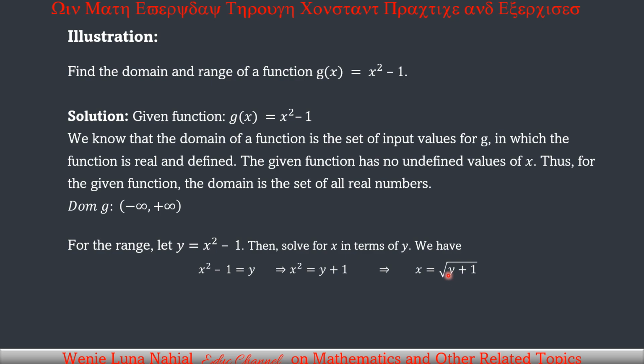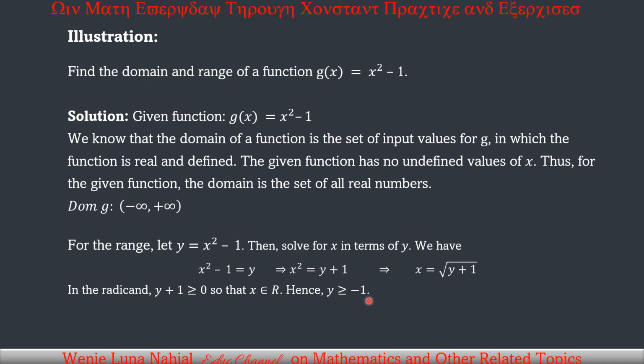So the radicand here, y plus 1, implies that our x values will be real numbers if our y plus 1 is greater than or equal to 0. Then solving for y in this inequality, we have y is greater than or equal to negative 1.